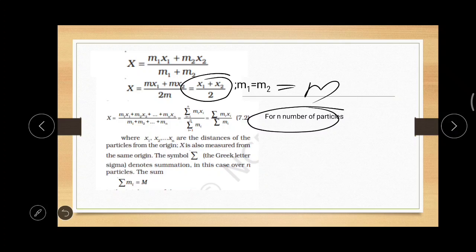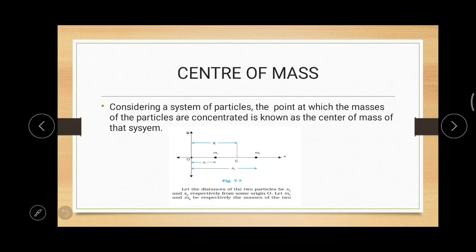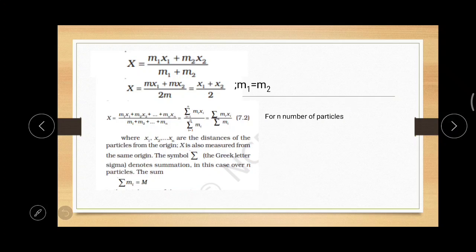So overall, (m1 x1 plus m2 x2 plus etc. up to mn xn) divided by (m1 plus m2 plus etc. up to mn). Here, in the initial case, we considered only two particles.